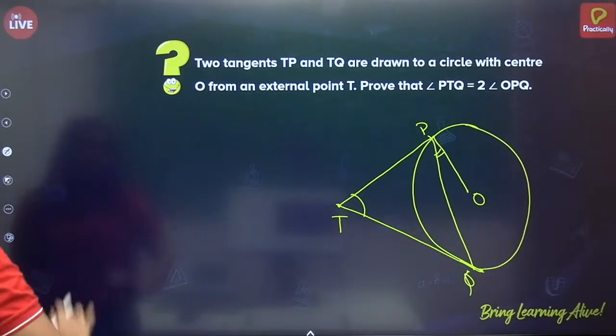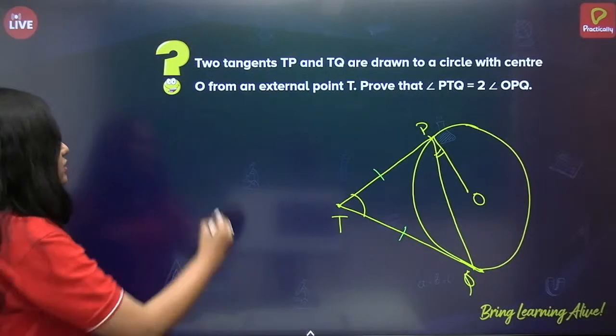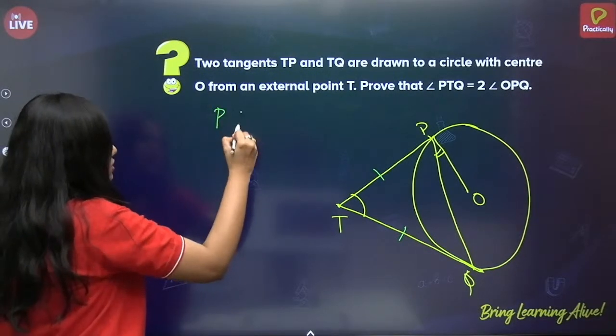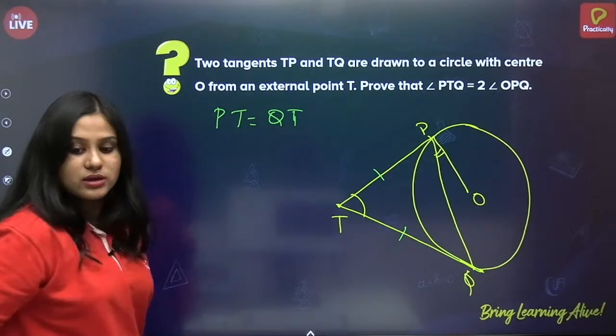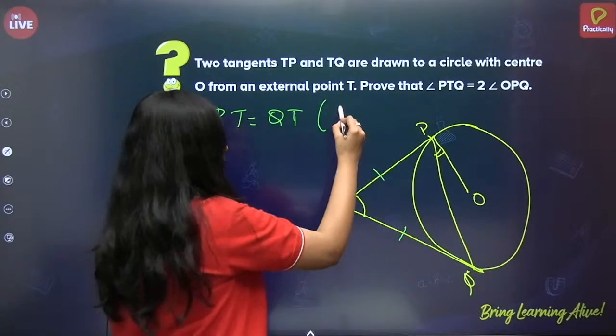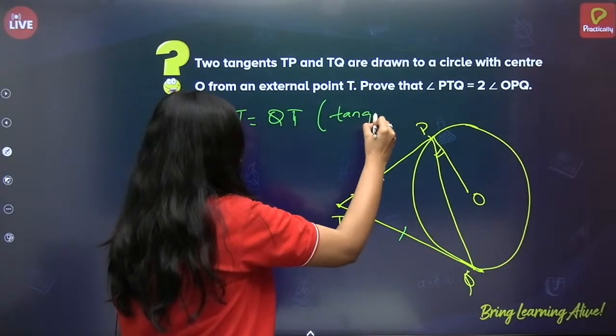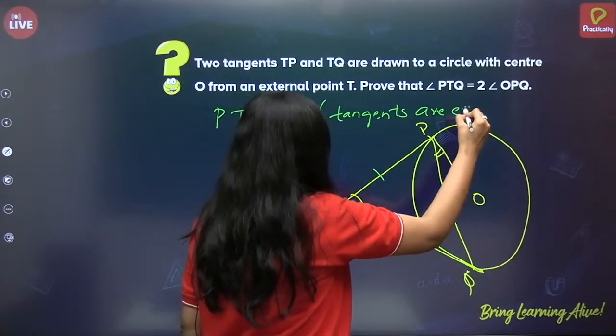Now, what do we know about the theorem? PT is equals to QT, correct? So, PT is equals to QT. Why? Theorem 2. So, I'm just saying that tangents are equal, correct? So, tangents are equal.